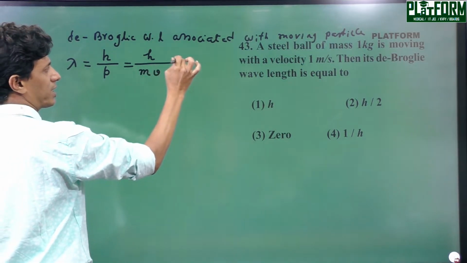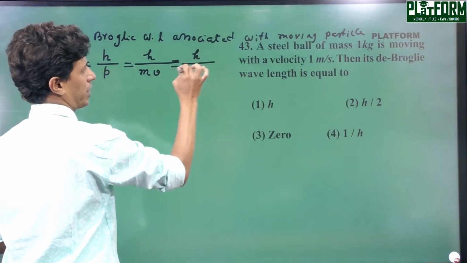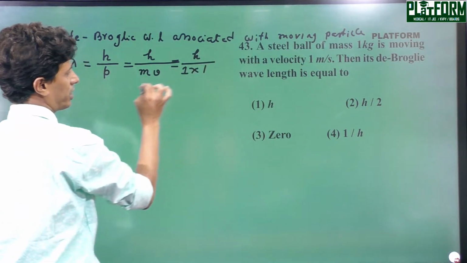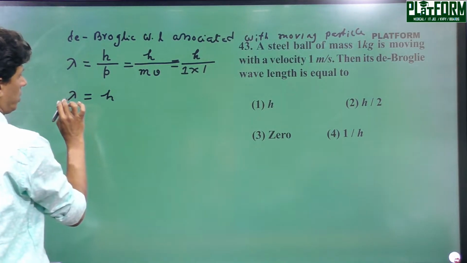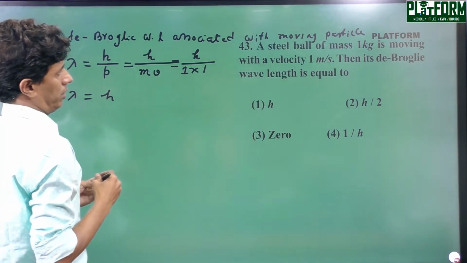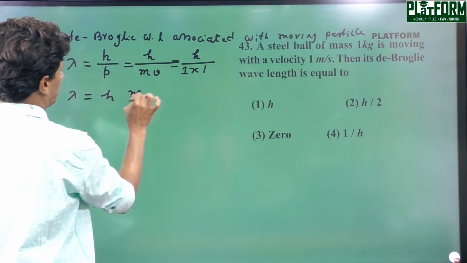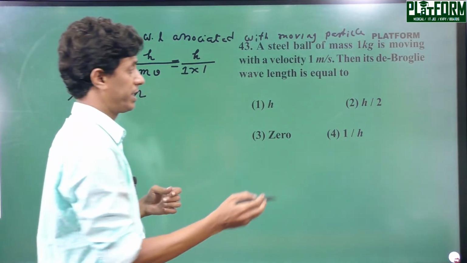Simple question: the mass of the body is 1 and the velocity is also 1, so lambda is equal to h meter. The right option here is 1.